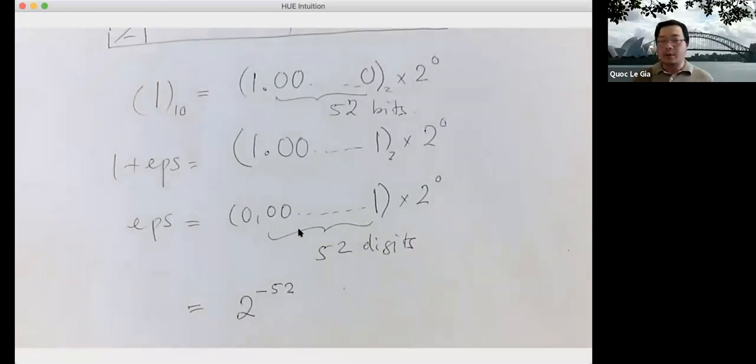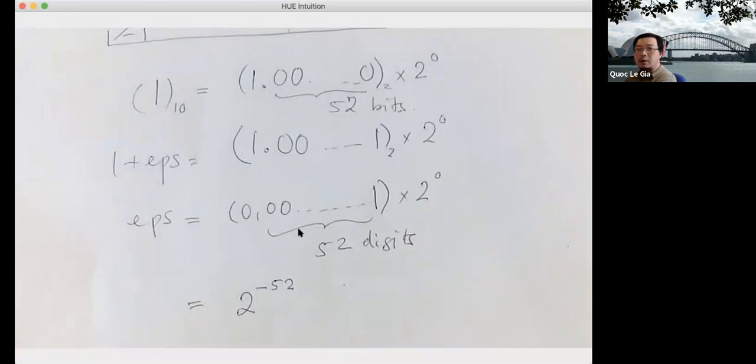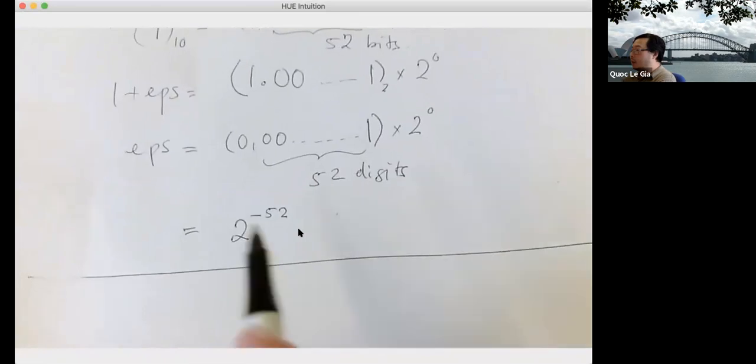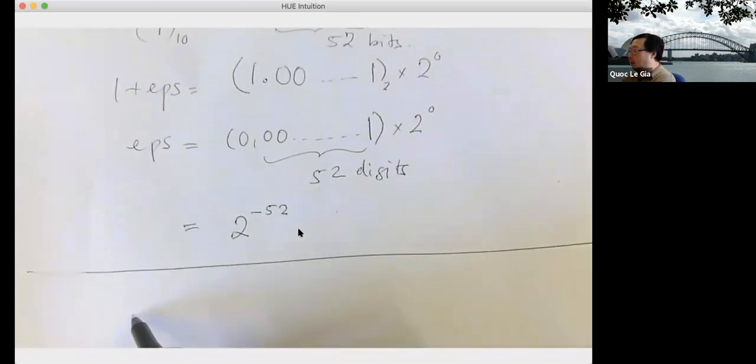So go back to the structure of the floating point. Now suppose I have real max. Real max is the maximal real number in the floating point system.